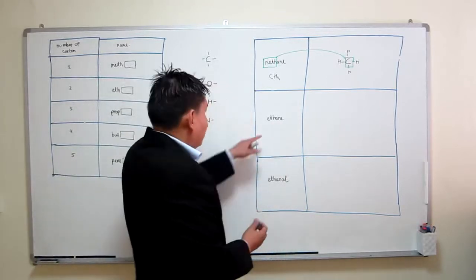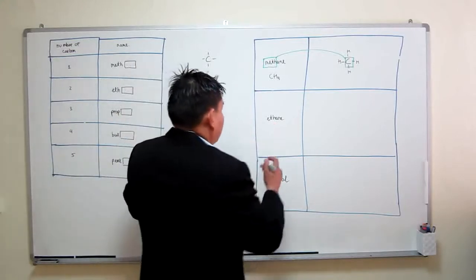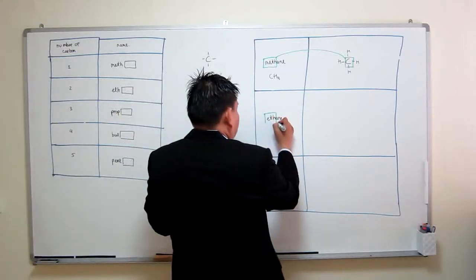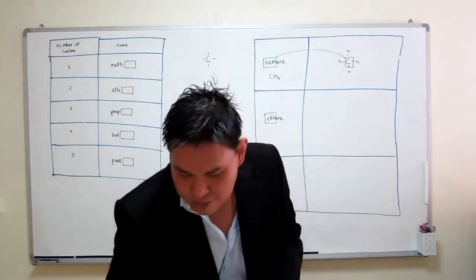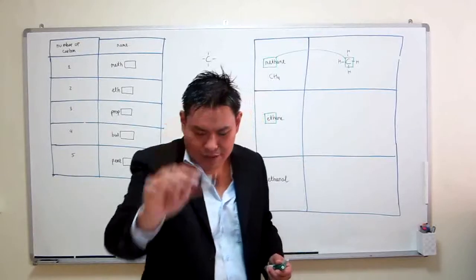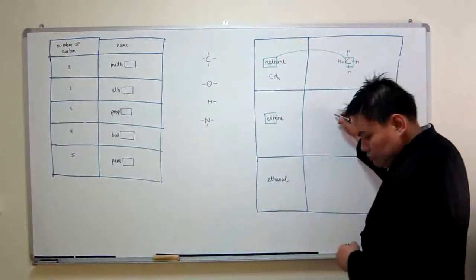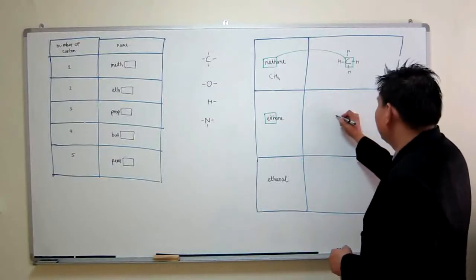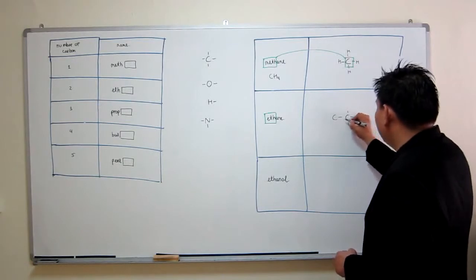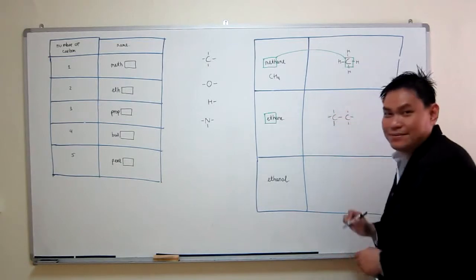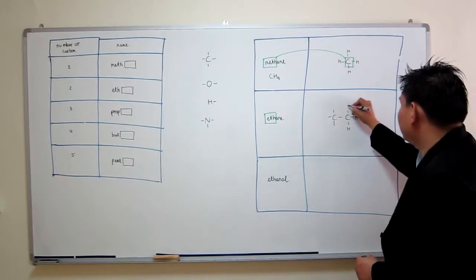We can easily see the name contains the word eth, which means you're going to have 2 carbon. So you make a model of 2 carbon connected with each other like this. Since there is no extra information, all these carbon must be connected with hydrogen.